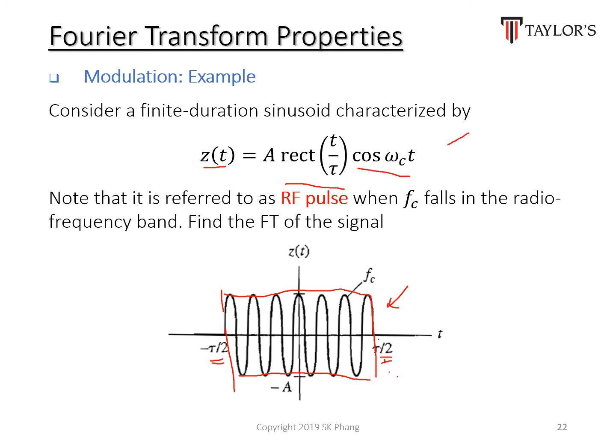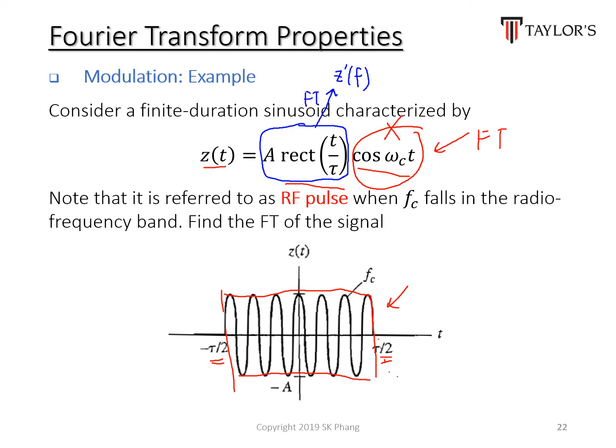If you want to do the Fourier transform directly, it's very tedious because you need to multiply by e to the power of j omega t and integrate from negative infinity to positive infinity. But now we know that when we have these cosine terms here, we can ignore them first, and then find the Fourier transform of the terms in front of the cosine. Let's say this term is Z prime of f or omega after you do the Fourier transform.